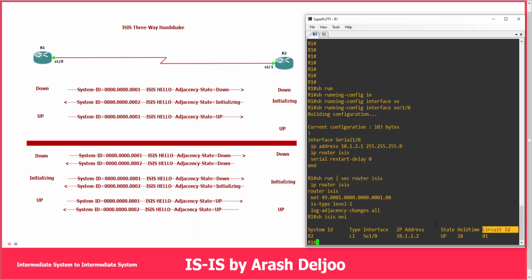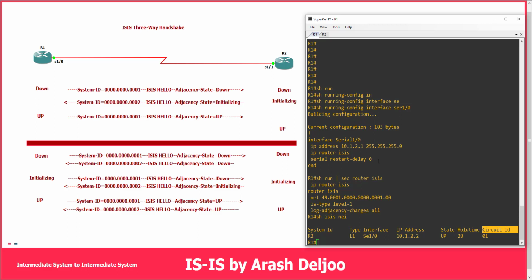You know that I mentioned in the previous videos that circuit ID is a local identifier for every interface. Let me talk a little more about the circuit ID, because we didn't talk in detail about it. It's not so important, but we should know its function.